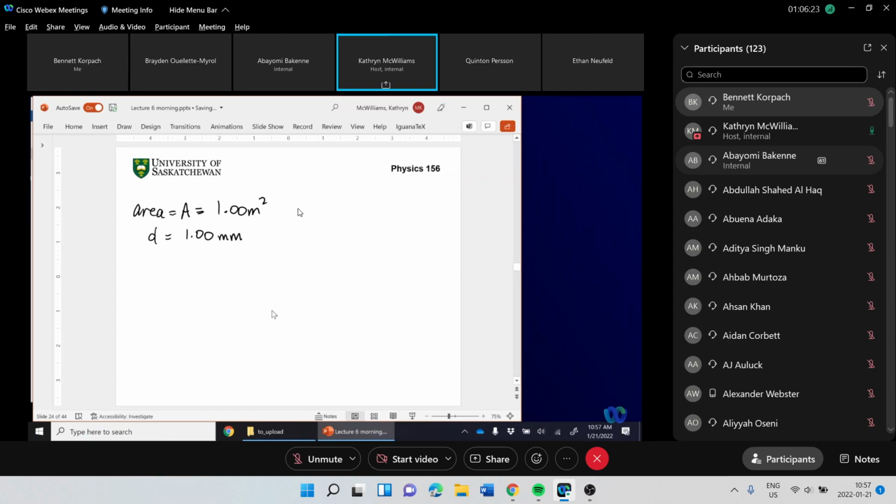You're welcome. The separation between the plates is 1 millimeter. So C is equal to epsilon naught A over D for the parallel plate capacitor. So we've got 8.85 times 10 to the minus 12, using farads per meter this time, times 1 meter squared divided by 1 millimeter.